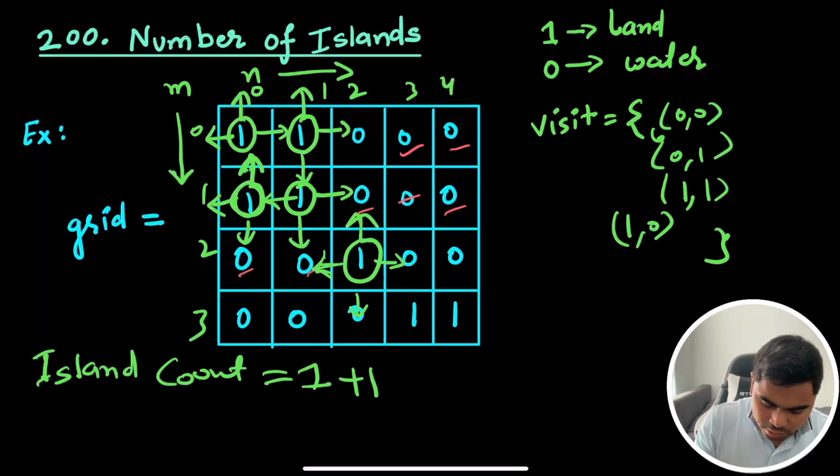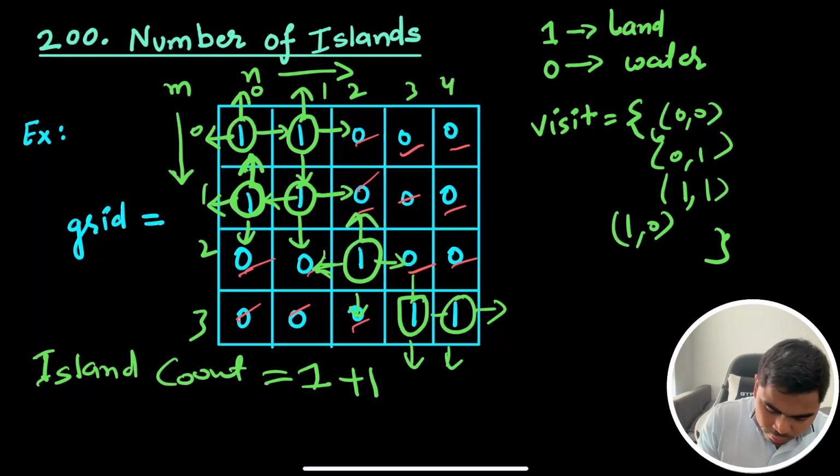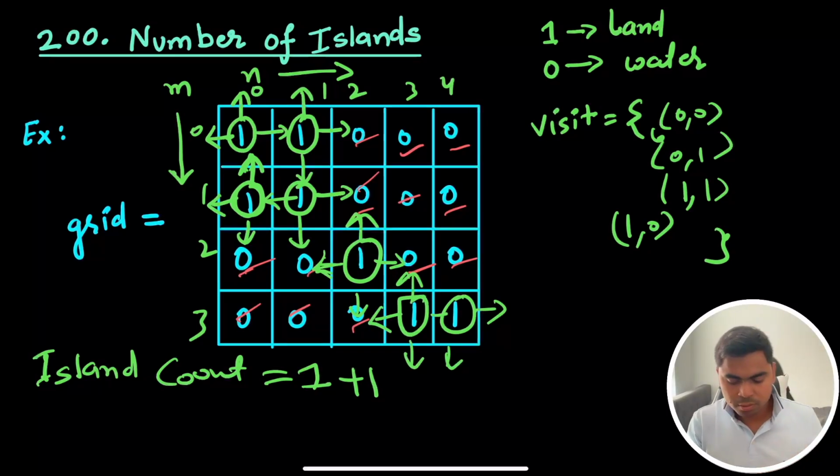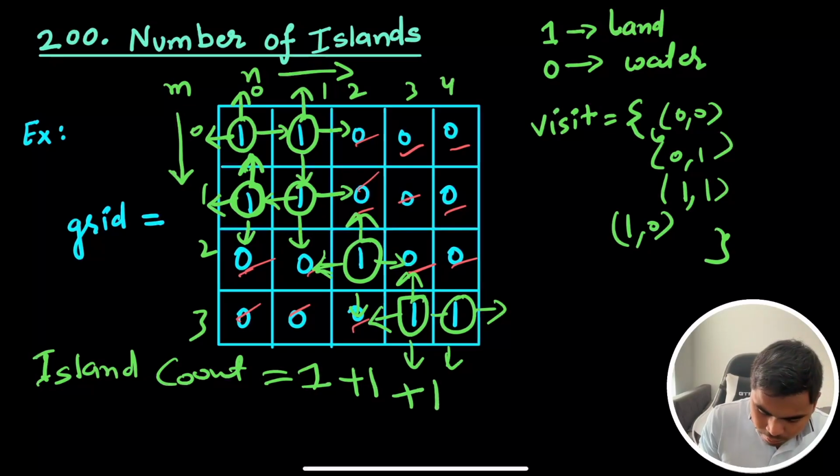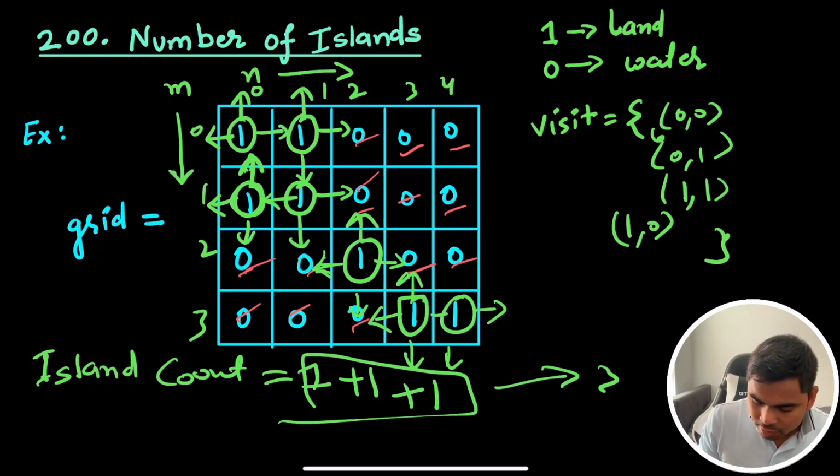So I'm going to start exploring these zeros. Then I come across another one, and I check its neighbors. It calls out of bounds, these are also out of bounds, and these are all zeros surrounding. Then this count will be one more. So I will return my answer 3.